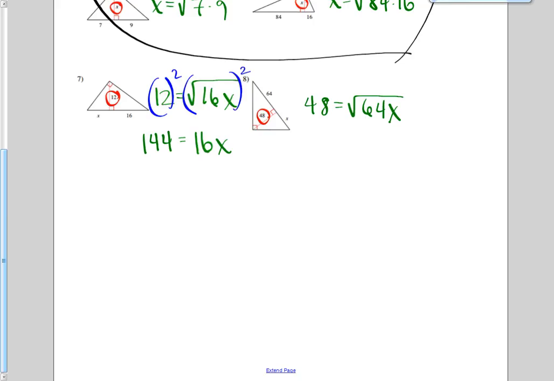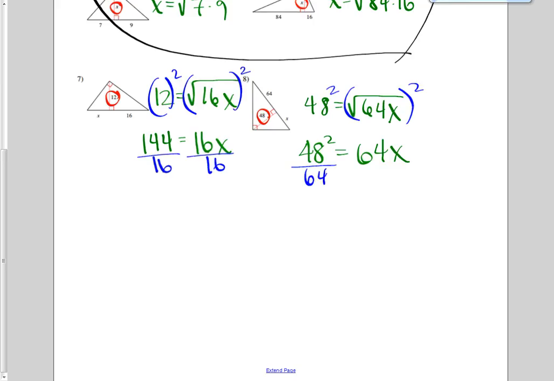If I square both sides, I actually don't know off the top of my head what 48 squared is. So I'm just going to write it for the time being that 48 squared is equal to 64x. And then, in both cases, my next step would be to divide, right, to get x by itself.